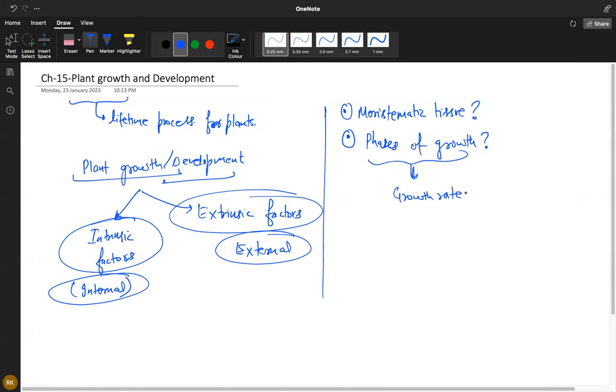So what is the growth rate? How will you define growth rate? Anyone? Increase in growth per unit time. Exactly. So whenever we talk about rate in science, rate simply means anything over time, right?